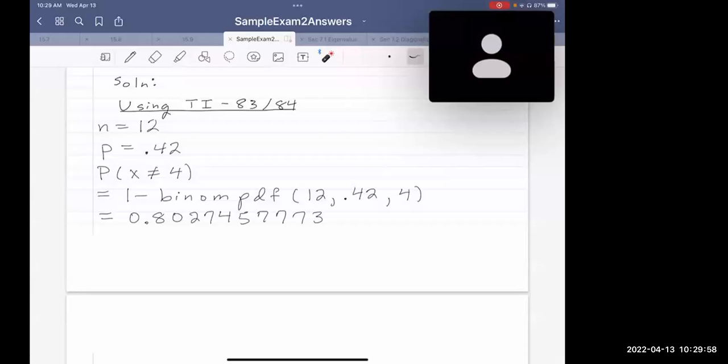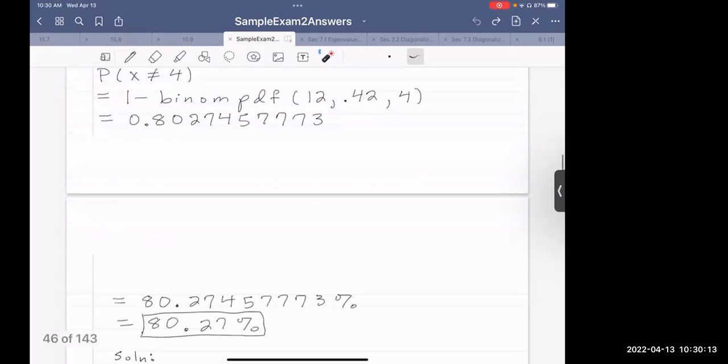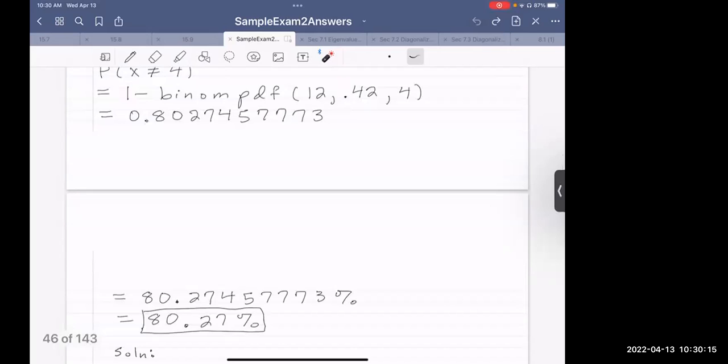And so we have here that 1 minus binomPDF 12, 0.42, 4 is 0.8027457773. Let me move my decimal place 2 places to the right.